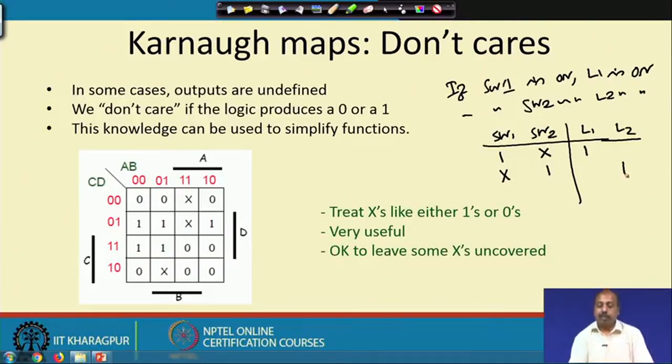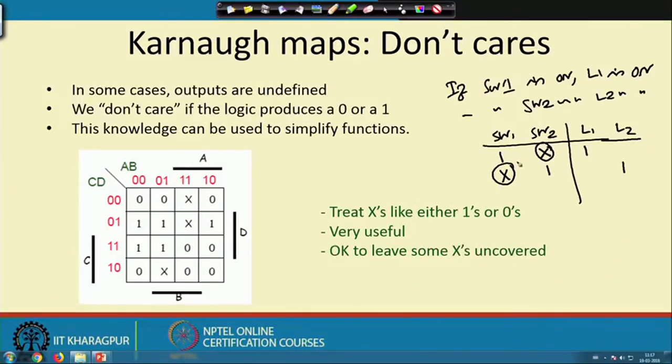So this is the don't care condition. We do not consider the status of switch 1 for getting the status of light 2. This way we can have some of the terms as don't care, so outputs are undefined.